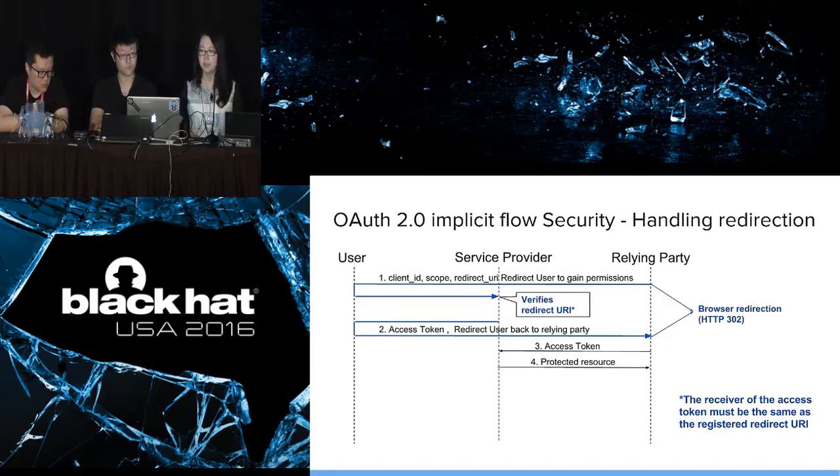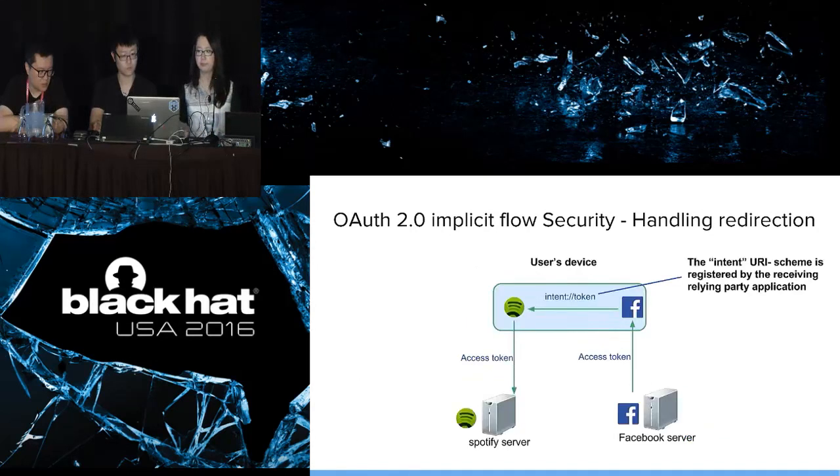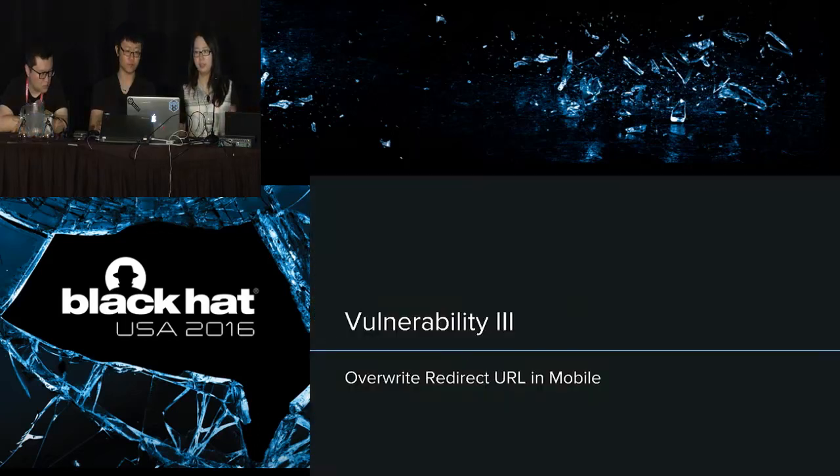But how do we do the redirection in the mobile space? For example, Android has a scheme called the intent URI scheme. So the relying party application registers this intent. In iOS, they also have a similar scheme called the custom scheme. Is this secure? The answer is no.